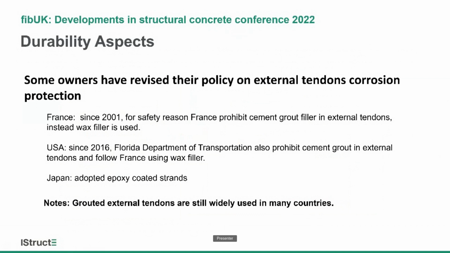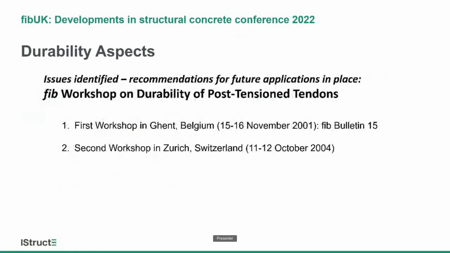Japan anyhow is preferring epoxy coated now, and we see more and more countries that now go the way to flexible fillers. That can be a wax or a grease that is used instead of the grout, which is less critical during installation, allows better inspection, and so on.